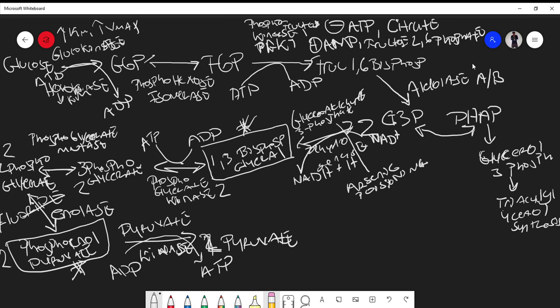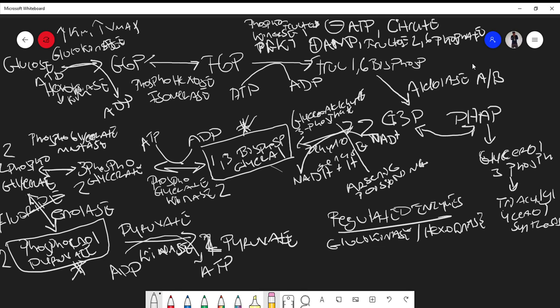Now let's talk about the regulated steps in glycolysis, or the regulated enzymes. What do we mean by the regulated enzymes? The enzymes that catalyze reactions that are irreversible. So we already talked about the substrate level phosphorylation, but the regulated enzymes should be your glucokinase, hexokinase.